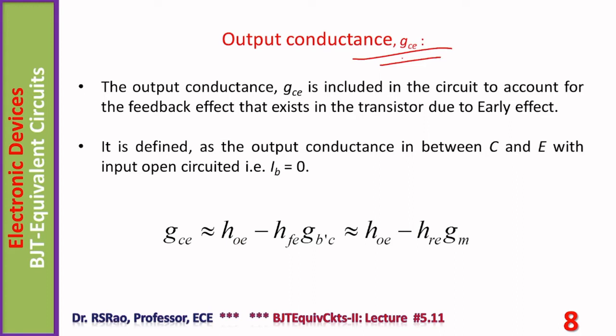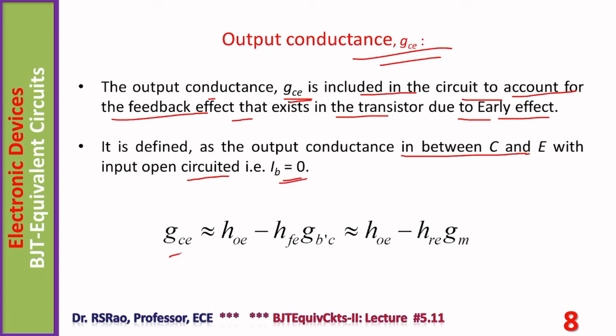Output conductance gCE. It is there on the output side of the equivalent circuit. The output conductance gCE is included in the circuit to account for the feedback effect that exists in the transistor due to the early effect. It is defined as the output conductance in between C and E with input open circuited, that is IB equal to 0.